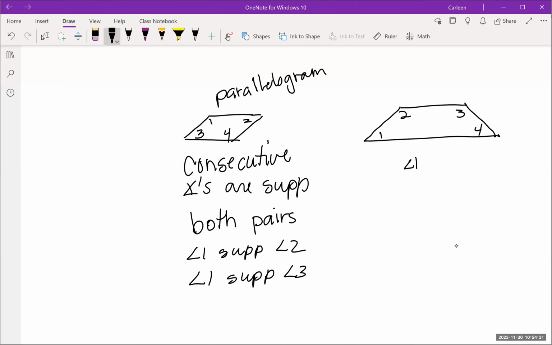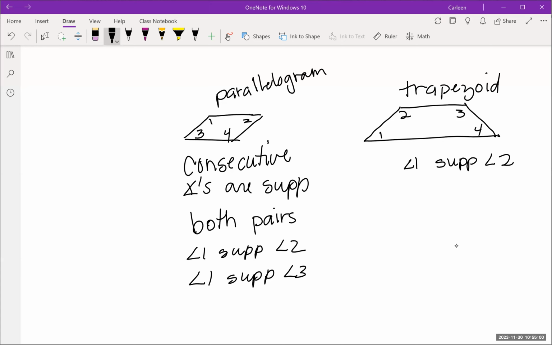So angle one, this is a trapezoid. Angle one is supplementary to which angle? Ding, ding, ding, 2. Yeah.